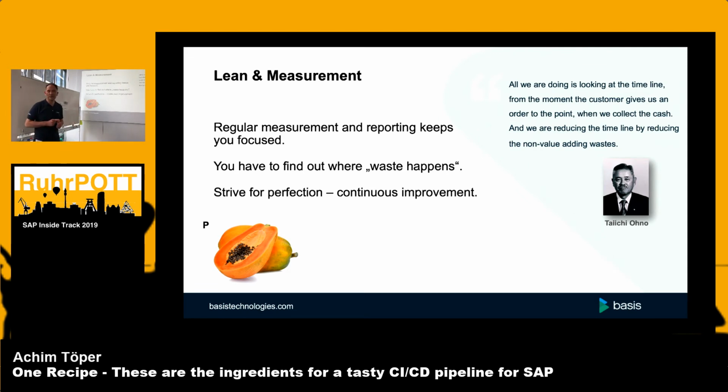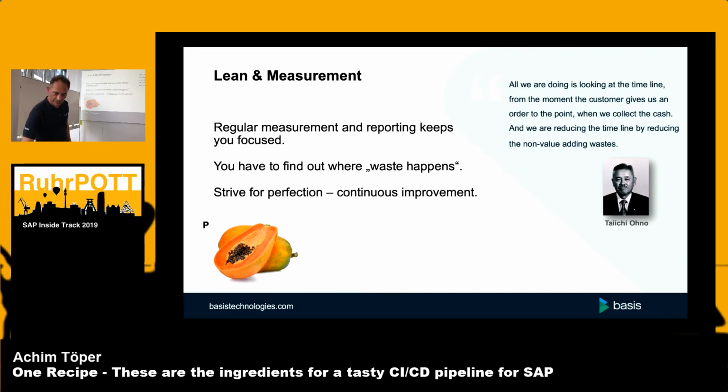It's about transporting, it's about motion, it's about taking the wrong people for doing complex stuff. So that is all waste, and you have to find the waste, and you have to keep the waste little and small. Strive for perfection, that is again the continuous improvement thing.